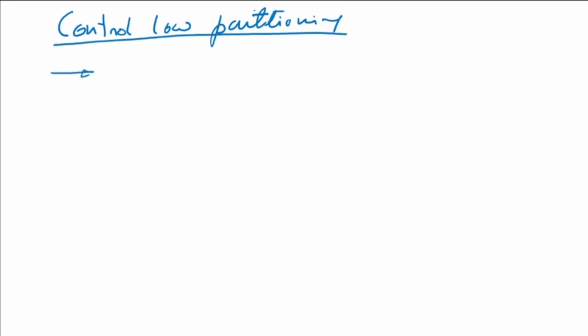Now that is what we do in the next case: we partition this control system. We call this control law partitioning. What we do in control law partitioning is that we try to reduce the control of this system to the control of a single mass system, or a unit mass system.